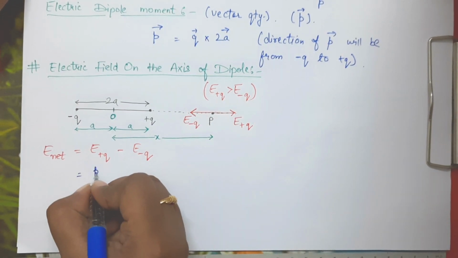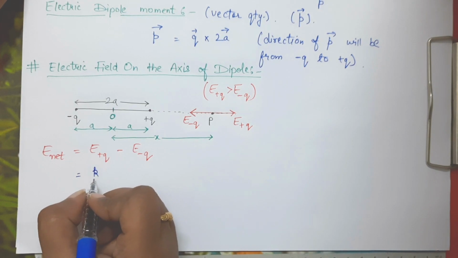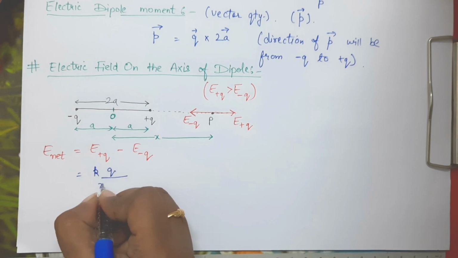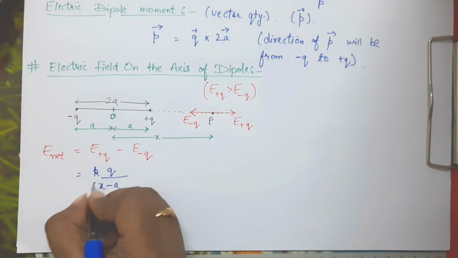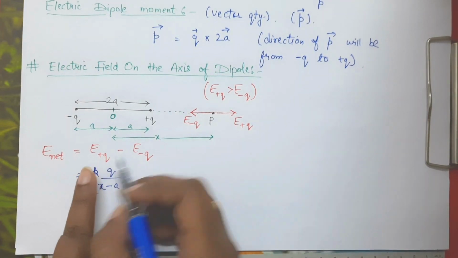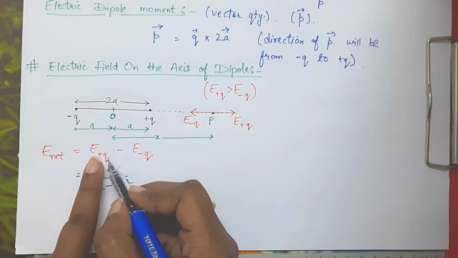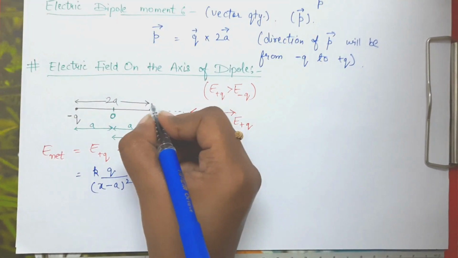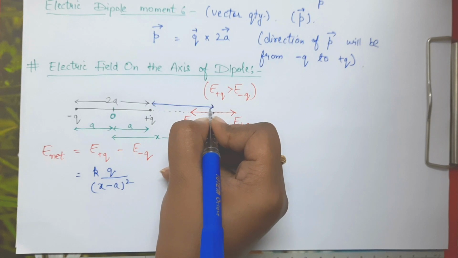So it will be, K is nothing but 1 by 4 pi epsilon naught, KQ divided by X minus A whole square, right? Because if we look at E plus Q, the distance between plus Q charge and point P will be what?